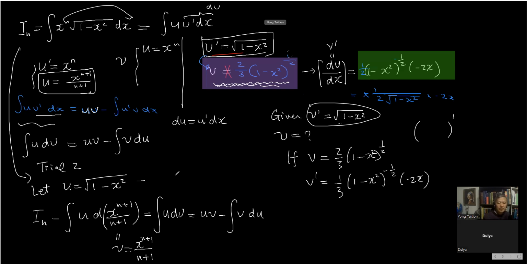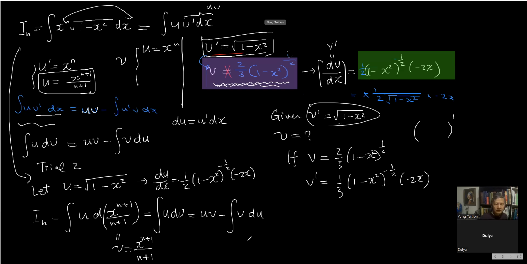Can you work out from here? Can we find du dx? We just found the first derivative. Du dx, that is half, and 1 take x squared to the negative half, right? Yeah. Negative half and multiply negative 2x.